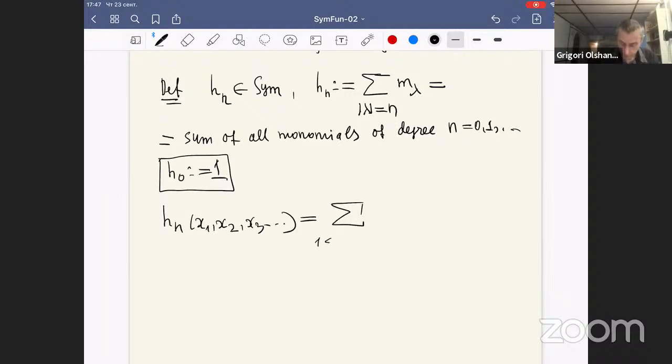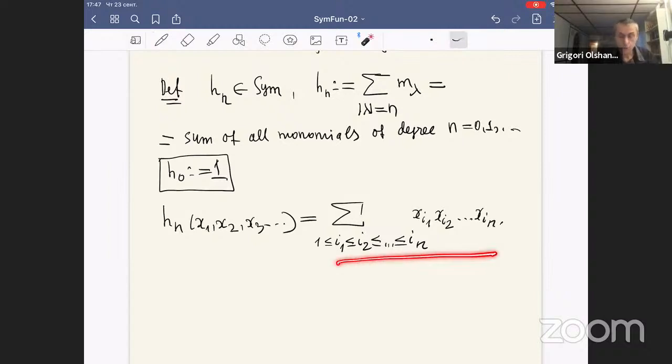The sum over all indices. This is a simple exercise to verify that this agrees with the initial definition.